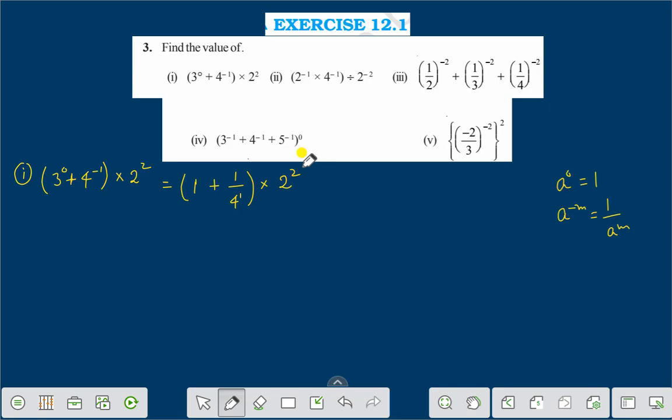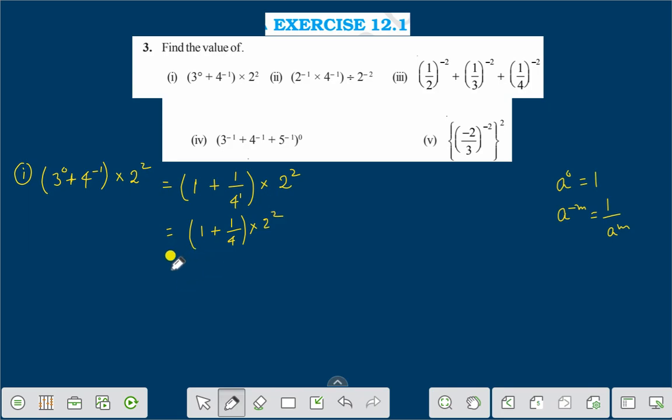Now we can write this as 1 plus 1 by 4 into 2 to the power 2, right?